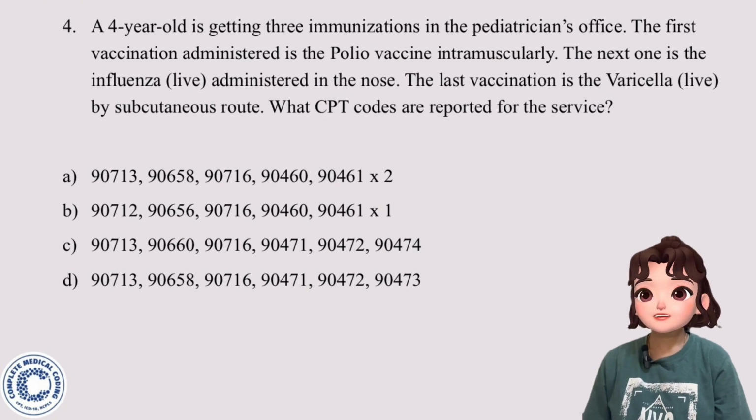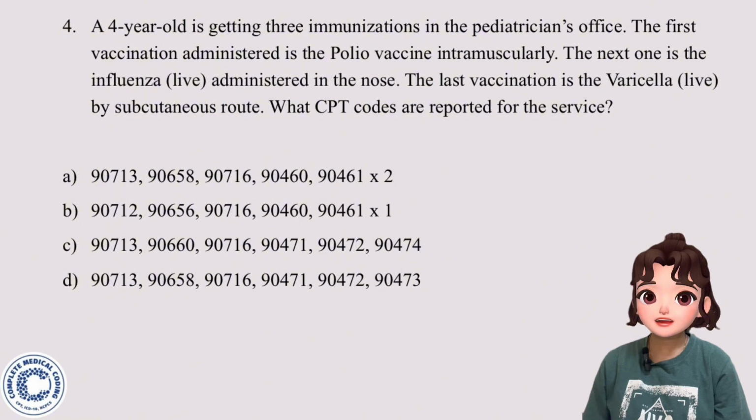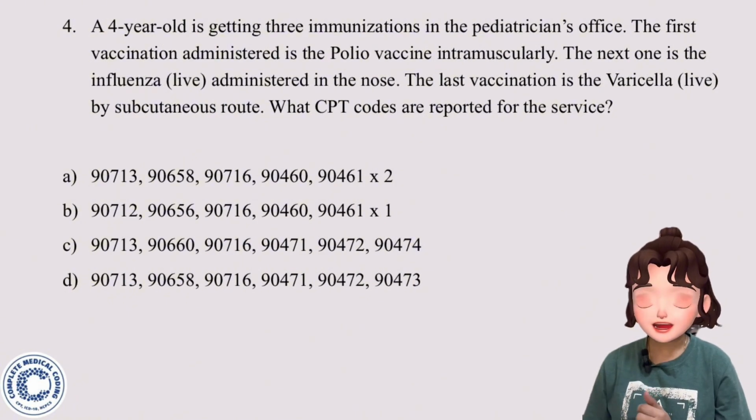So these are the vaccination codes. Which are the 3 immunizations? The first is polio vaccine, intramuscular. Next is influenza live, not orally, in the nose. And the last one is varicella live, subcutaneous.